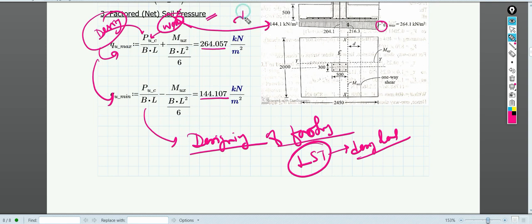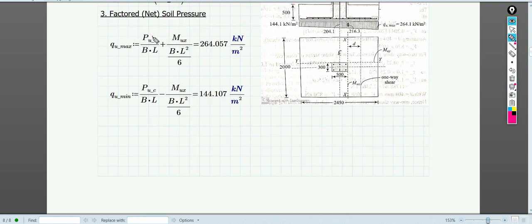For dimensioning, to find out L and B. To find out what L is and what B is, we have to consider the working load. Other than that, for designing purposes you have to use the design load. So for finding the maximum stresses, you can see PUC I have taken, that is maximum, which was 1000 and which was on 120, so that we have taken.